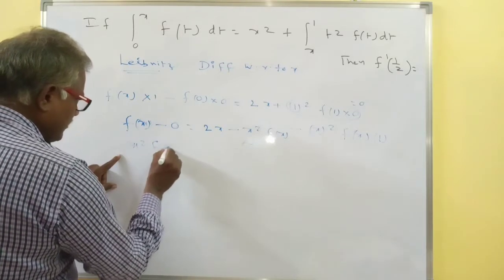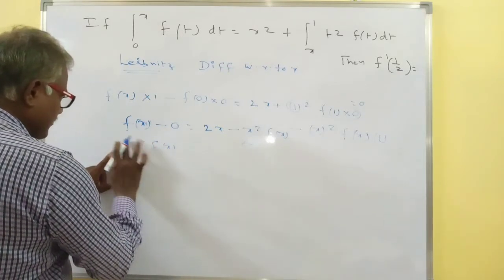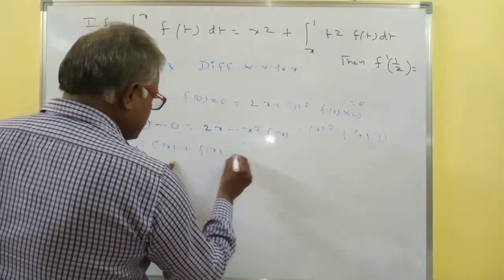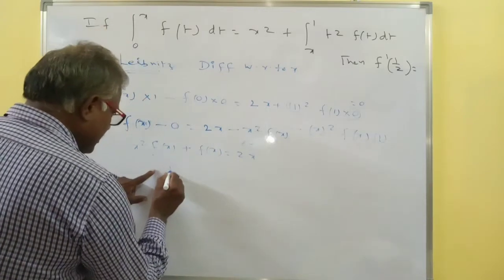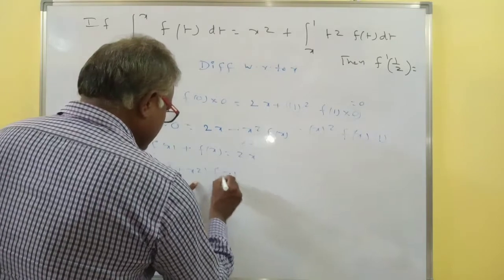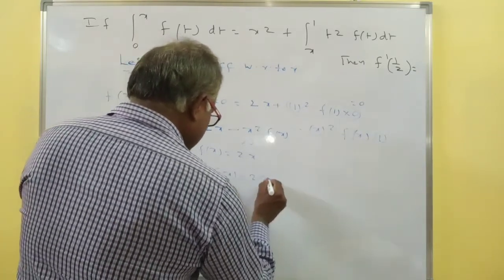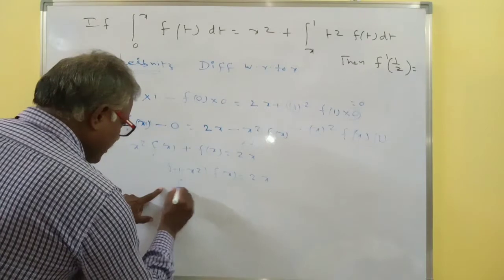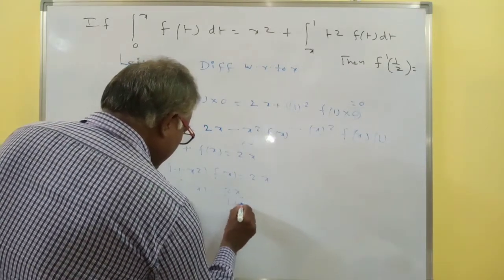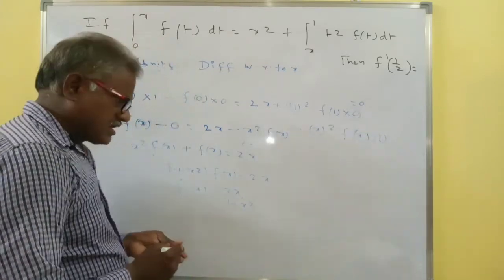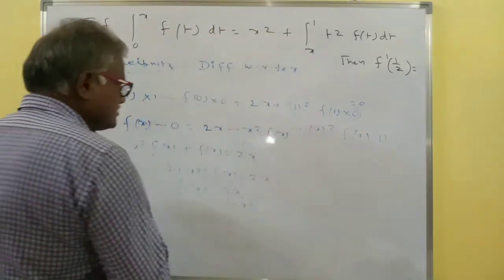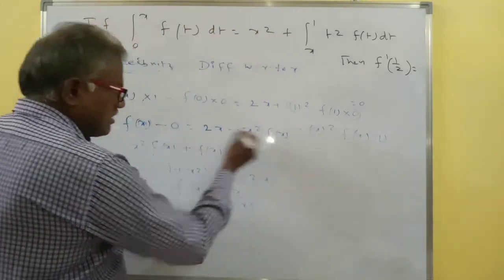X square f of x plus f of x is equal to 2x. So totally 1 plus x square into f of x is equal to 2x. So f of x is nothing but 2x by 1 plus x square.